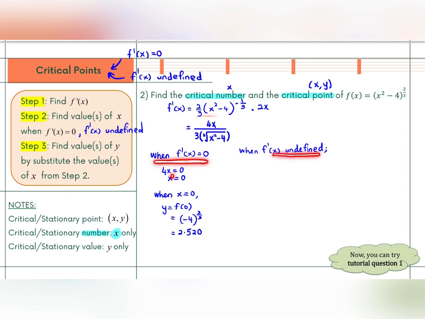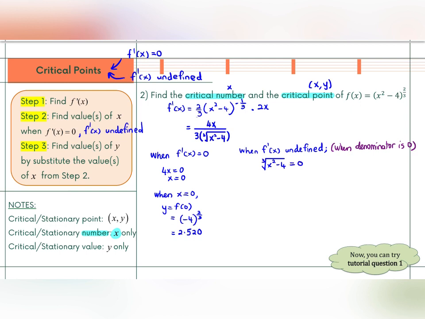Dan dia akan jadi undefined apabila denominator yang sama dengan kosong. Okay, so f prime x is undefined when denominator is equals to 0. Okay, so ini kamu kena take note lah. Okay, so saya samakan denominator dengan 0. So, x squared minus 4 cube root will be equals to 0.